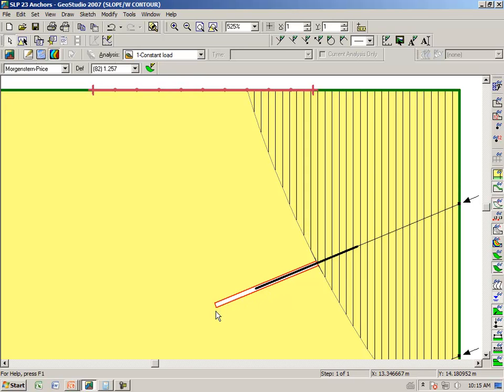And so in this particular case, we have drawn a red box that illustrates the size of the bond that is required to supply the 300 kilonewtons. And we notice that the available bond is not sufficient to supply the 300 kilonewtons. The reason we were able to do this is because we had selected the constant option.